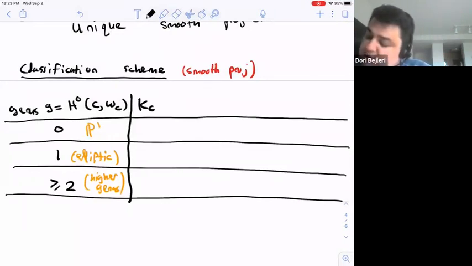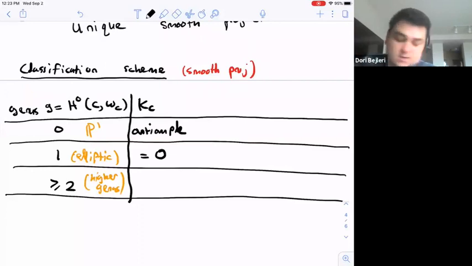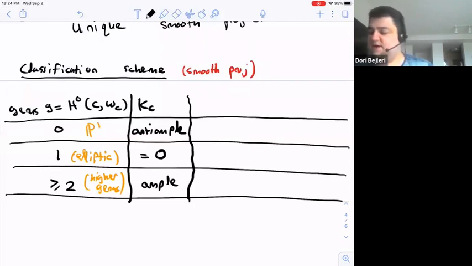In this genus 0 case, the canonical divisor is anti-ample, which just means that minus canonical is ample. In this genus 1 case, it's actually trivial. So K_C is the 0 divisor. And in this higher genus case, it's actually ample. So already we see here a trichotomy where curves are classified based on the properties of this canonical divisor.